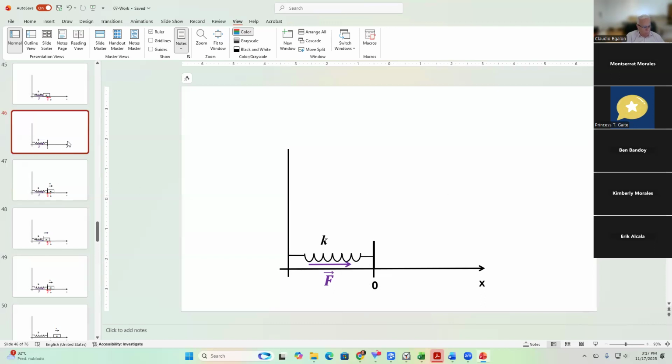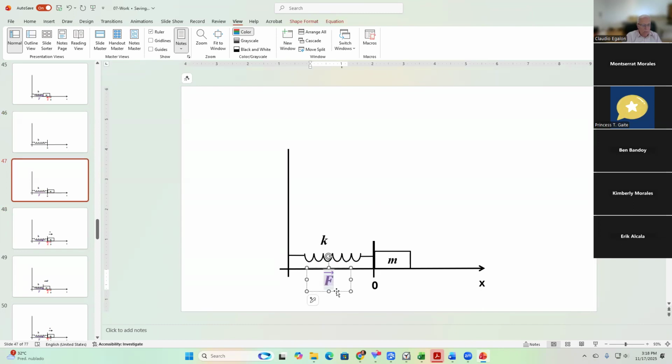And now we get a mass and we don't attach it, we put it in contact with this plate, right? Since the spring is at the position of equilibrium, there is no force whatsoever. Then we just rest a mass on the plate.